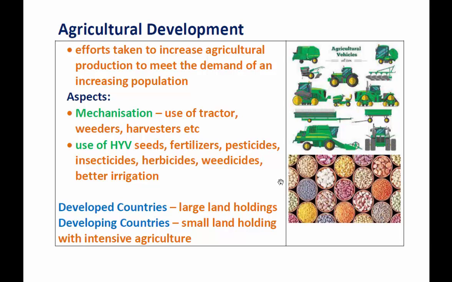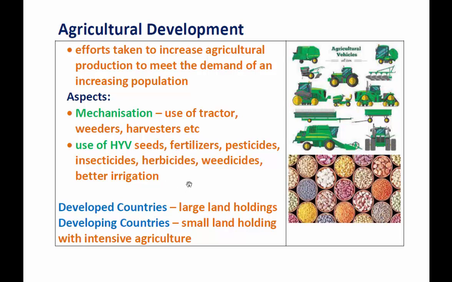And also fertilizers in order to nourish the crops that are grown in certain farmlands, and also pesticides, insecticides, herbicides, weedicides, and these also include better irrigation. Okay, so these are the aspects for the increase of agricultural production in order to meet the demands of an increasing population.